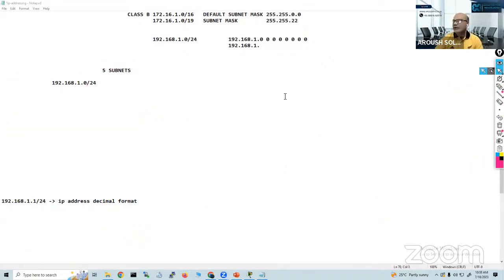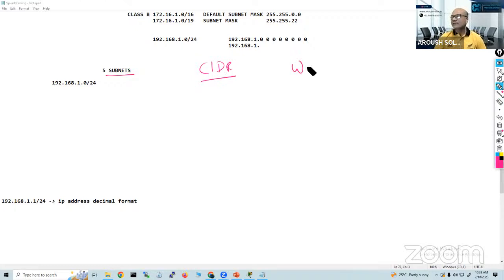So now I want you to understand my CIDR, classless inter-domain values. I don't want default. Default is for the /8, 16, and 24. Once you have done the subnet, you can use an IP calculator from your mobile phone. That is not a big issue. So let me explain this topic today, which is very important.